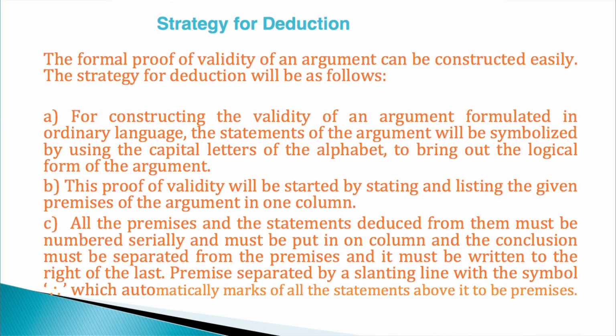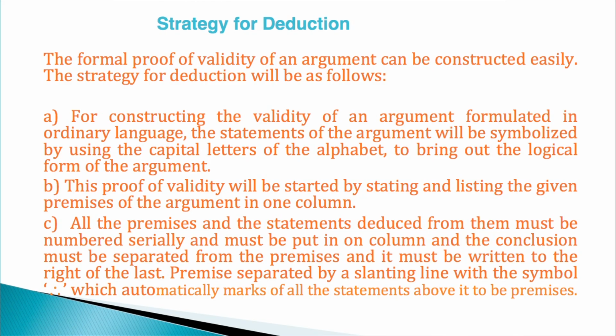Now you see, dear learners, what is the strategy for deduction? Now we have to learn this. The formal proof of validity of an argument can be constructed easily. The strategy for deduction will be as follows. Number 1. For constructing the validity of an argument formulated in ordinary language, the statements of the argument will be symbolized by using the capital letters of the alphabet to bring out the logical form of the argument.